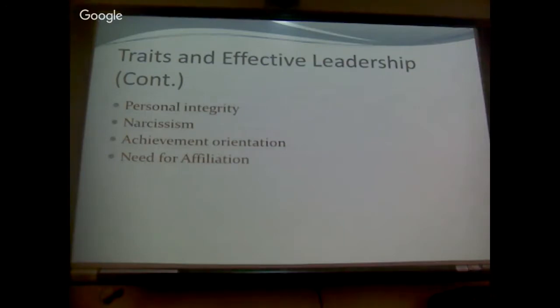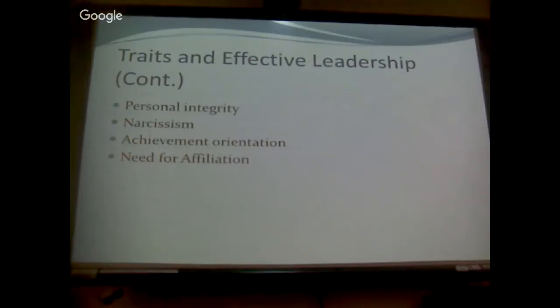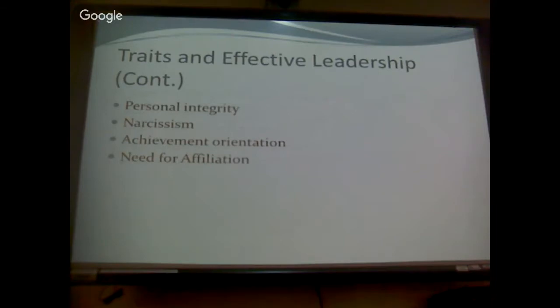There's also a negative side to this, where if people have, let's say, a need for power where it's coercive and controlling power, that can lead to being effective in some situations, but overall it can kind of derail what the leader is trying to accomplish.